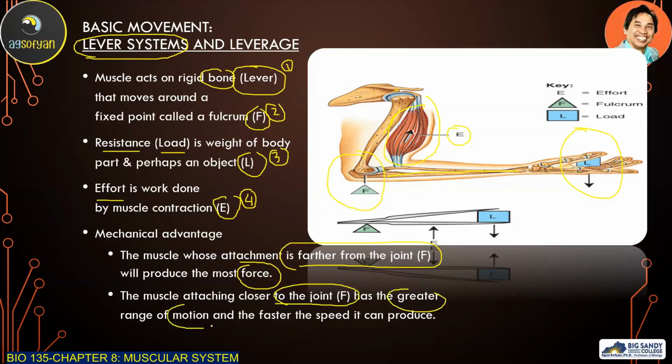For example, in our hands, our fingers, the attachment is very close to one another, so it gives greater range of motion and also speed.